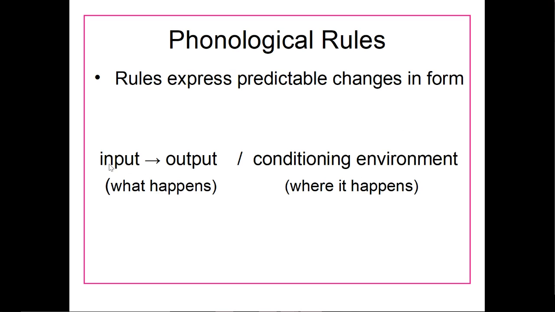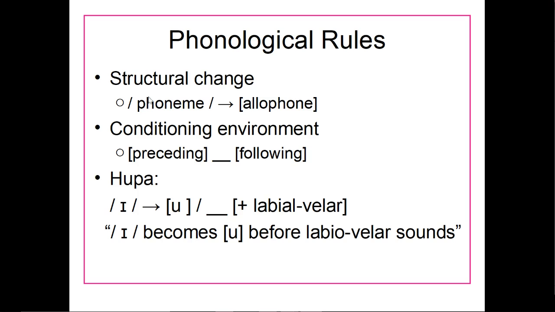So for example, we could write down a phoneme changing to an allophone of that phoneme. The conditioning environment would be something like one type of sound preceding this, and another type of sound following it. One example is the language Hupa, which has the vowel sound I as the underlying phoneme, and it changes to the allophone U. This happens in the environment before a labiovelar sound.